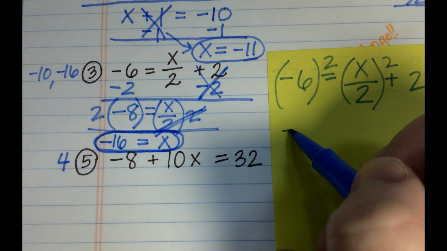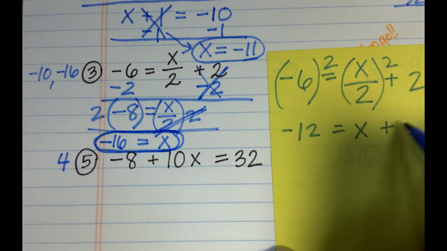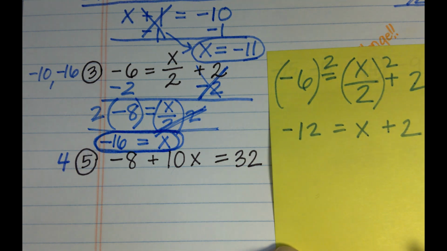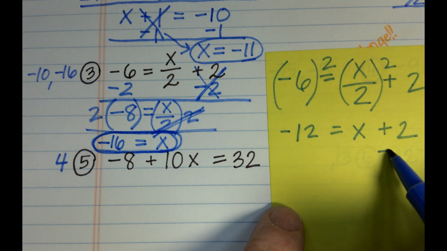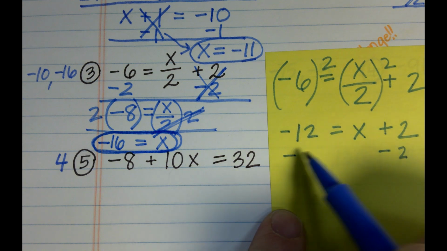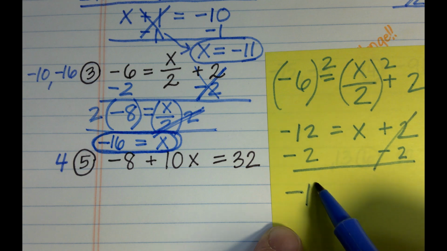That would give us -12 equals x plus 2. And we would actually have to multiply this by 2 as well. It would become 4. But we see that that's not going to work. -2 minus 2.